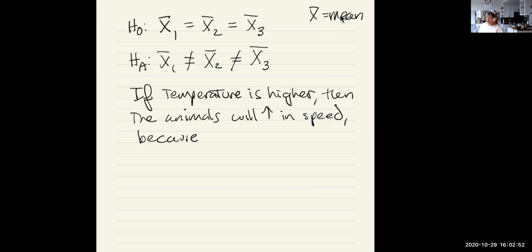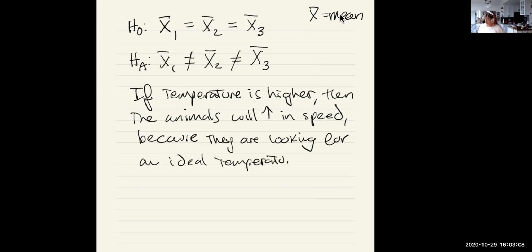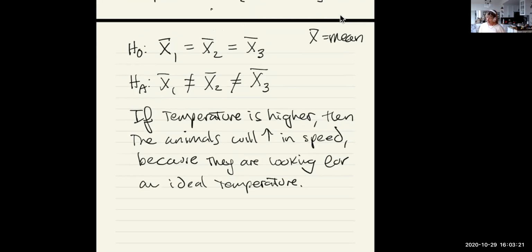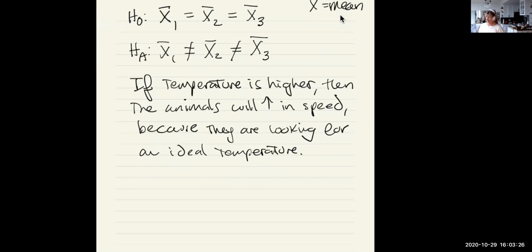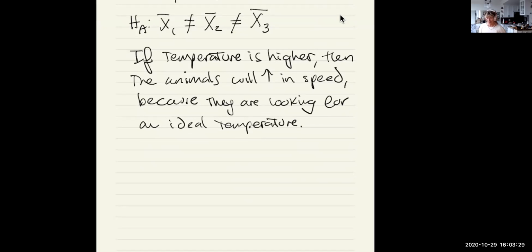If temperature is higher, then the animals will increase in speed because they are looking for an ideal temperature. Something like that anyway. So if, then, because.